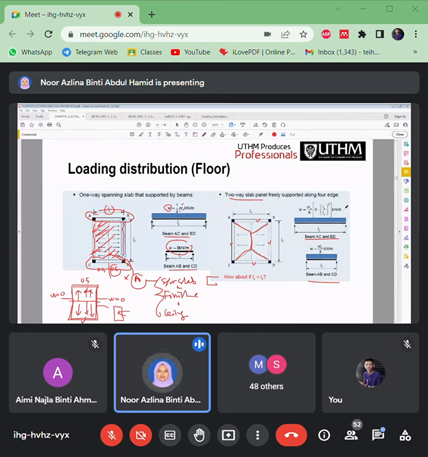These are the equations that can be used to know the portion of it, all of which are multiplied with the same basics: multiply with the N, which is the load applied per area of the slab, and then also the LX here.